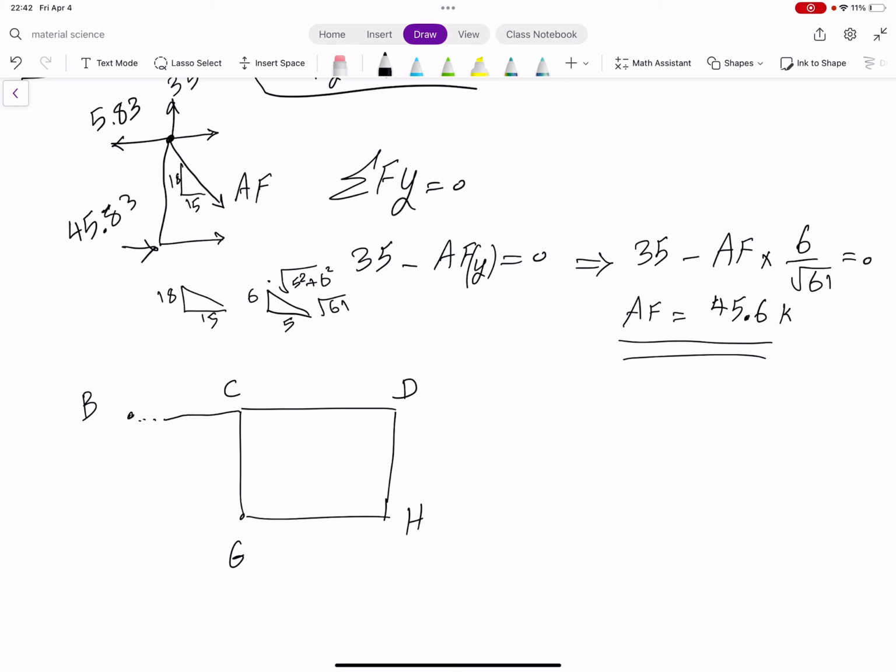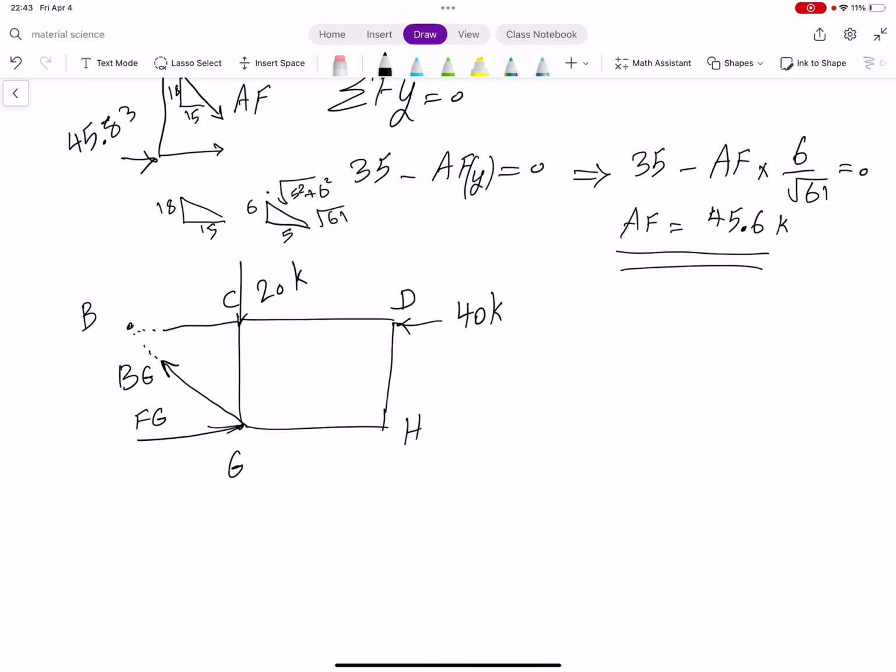So here, then this portion, then FG, this one is BC, and then BG. I'm gonna draw it. So we are only interested in BG and FG, right? So we have this 20K as well, and this 40K here.